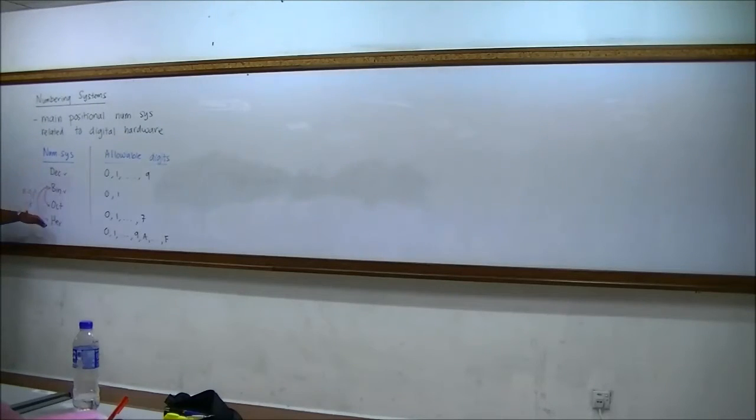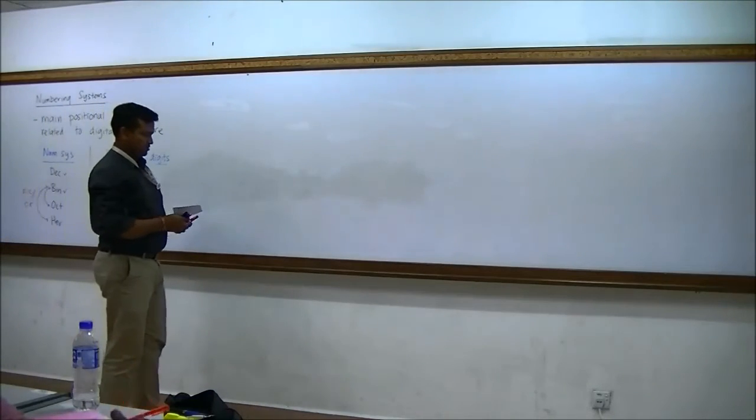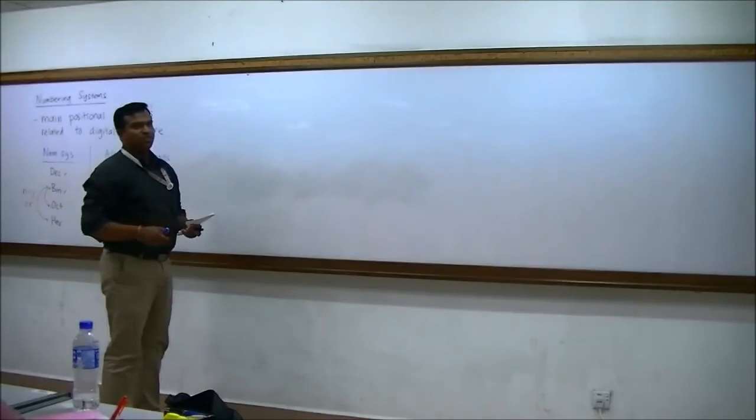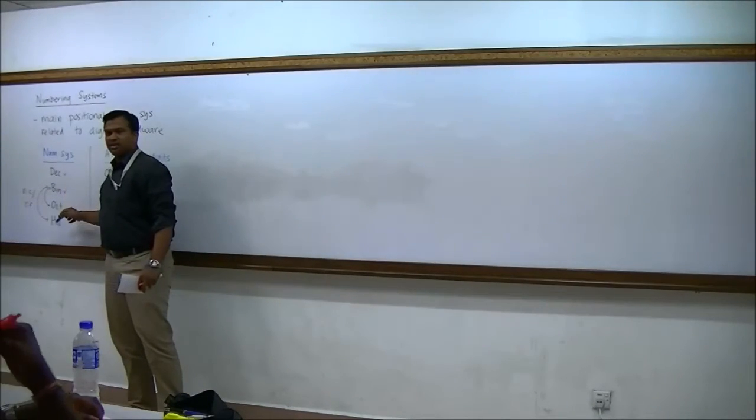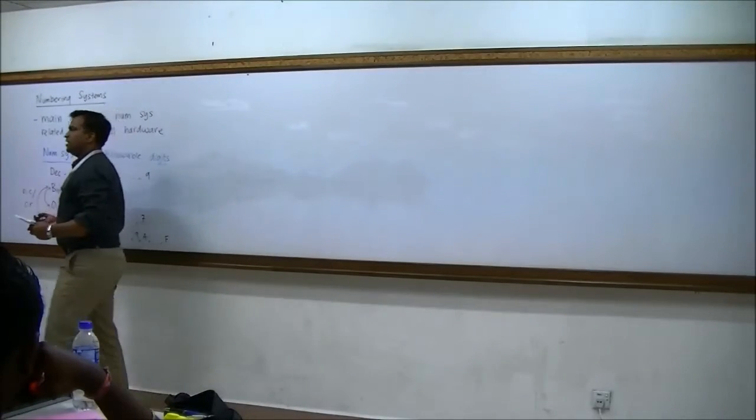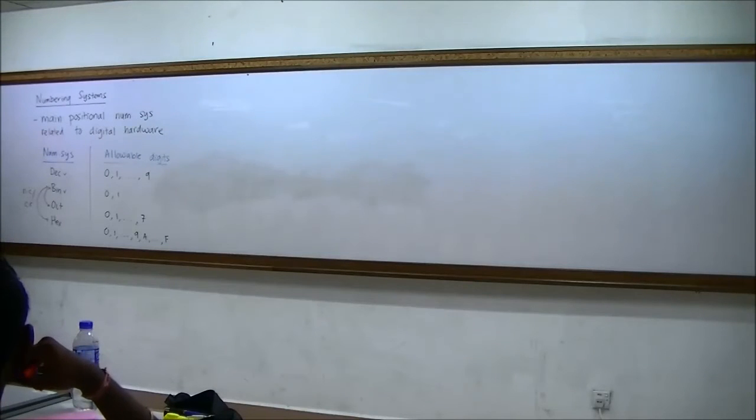So these are some of the numbering systems, and these are the allowable digits. It's okay so far? Next, we're going to see how we convert from different base numbers. This is known as the base of the numbers, right? How do we identify these base numbers? We have the subscript down there.